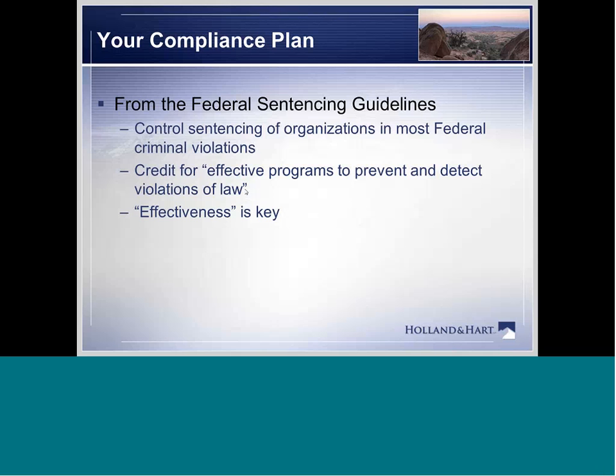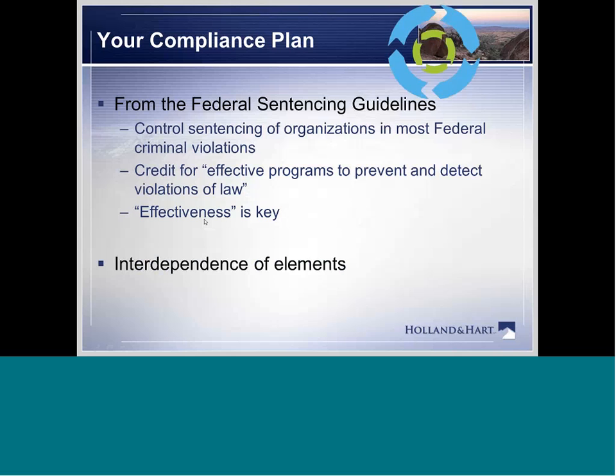And that's then become sort of the standard for compliance programs. And the big piece of that definition is effectiveness. Just having the binder on a shelf that is your compliance program means very little if it's not actually effective and implemented in your organization.